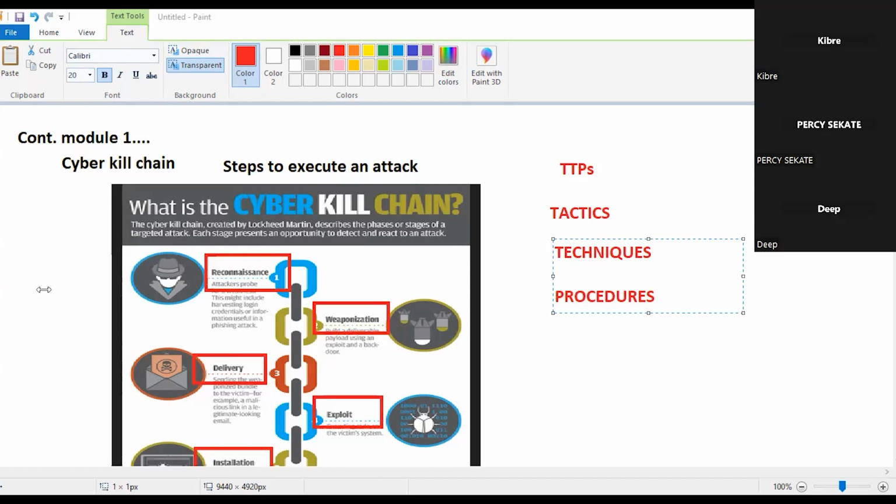After it comes the technique, the second stage, where we decide what attack surface we are attacking, what will be our attack vector, what will be our payload, what will be our malware kit, and how we are going to deliver it. And the procedure, how we are going to bring this planning into action. So these are the three TTPs which are really important to maintain a cyber kill chain.